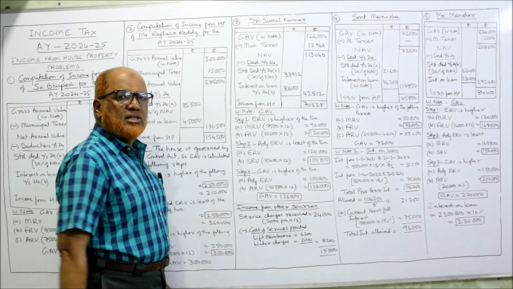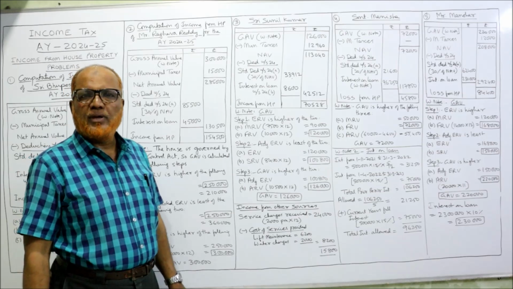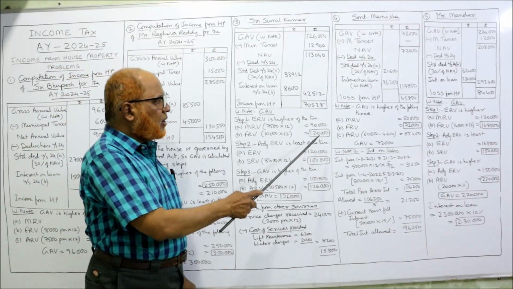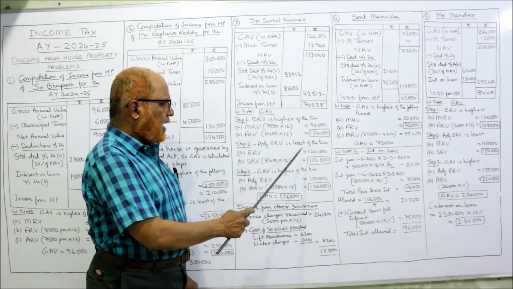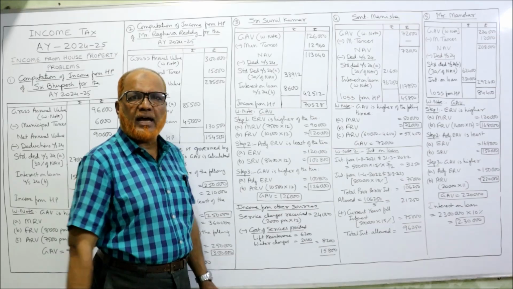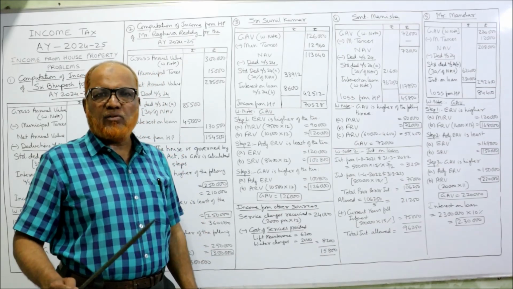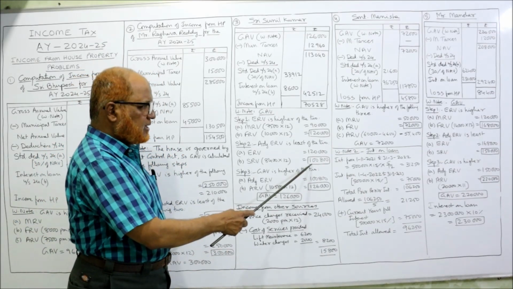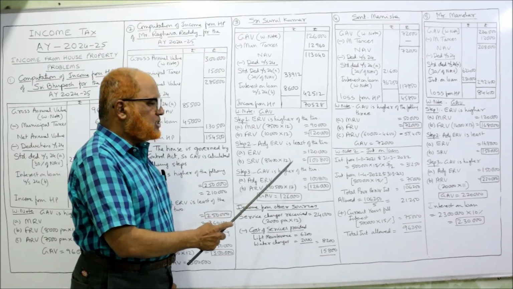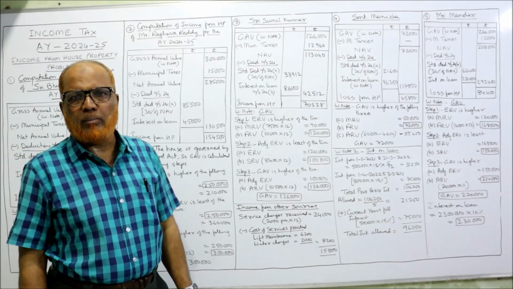Adjusted ERV is least of the following two amounts. ERV or SRV. ERV we got 1,20,000 and SRV is given in the problem 8,400 into 12, 1,800. Whichever is least, 1,800 is least. This will be adjusted ERV. Now GAV is least of the following two amounts.